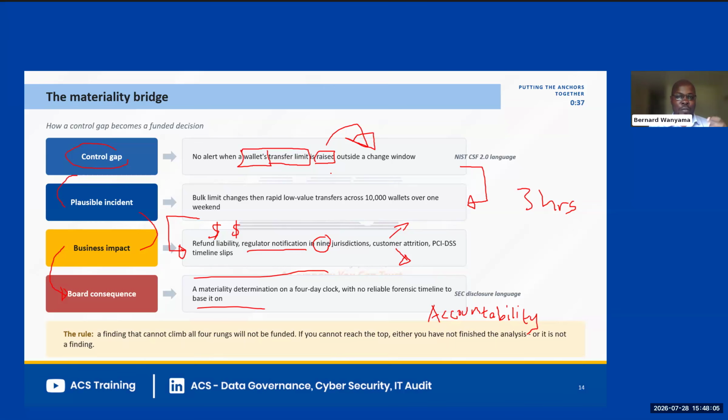That's where we have to perfect our craft. That's where we have to do the work, but also to enable and empower management to take more responsibility for risk management across the entire organization, not just technology, but also operations and other areas, and be able to raise the level or the quality of communication around this control gap.